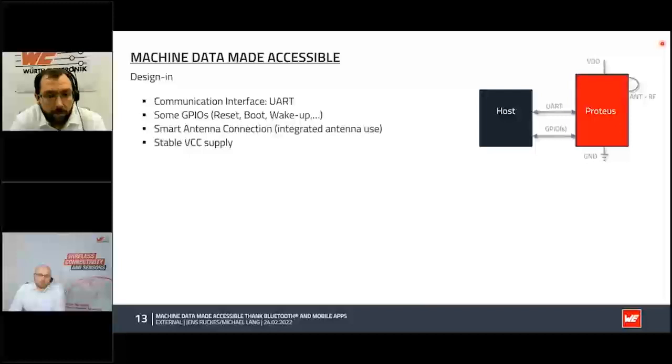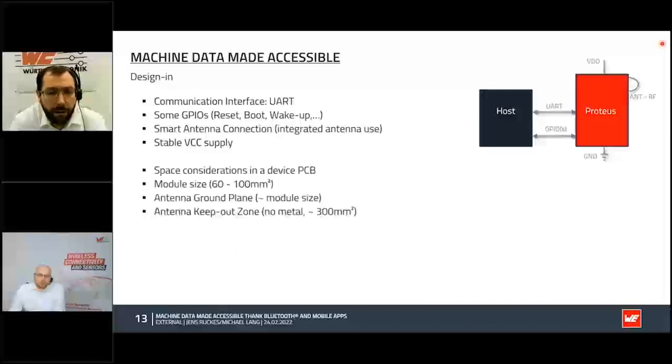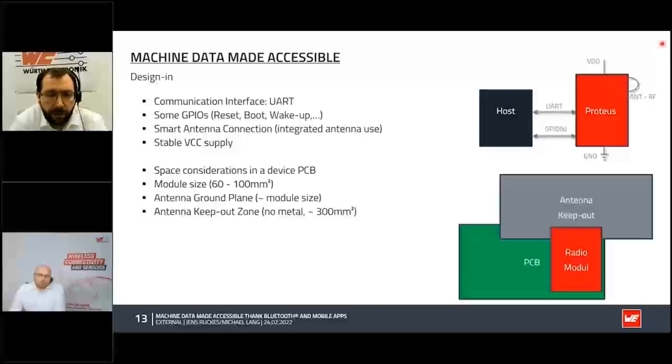Now you could ask yourself, okay, the radio module is quite small. Typical sizes of Bluetooth Low Energy modules are somewhere between 60 to 100 square millimeters.